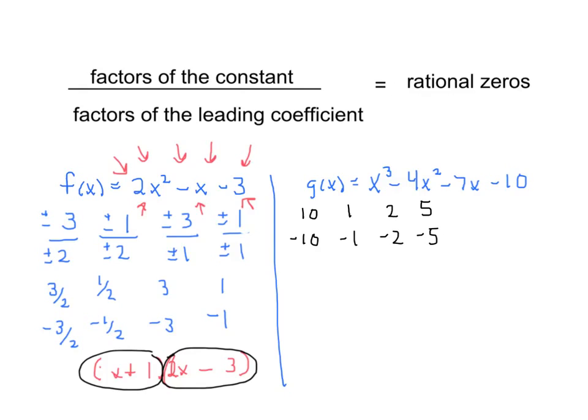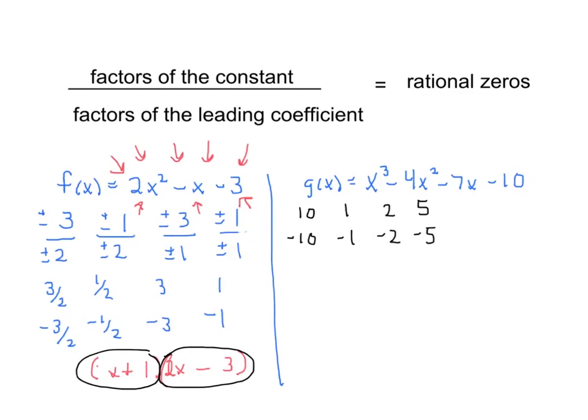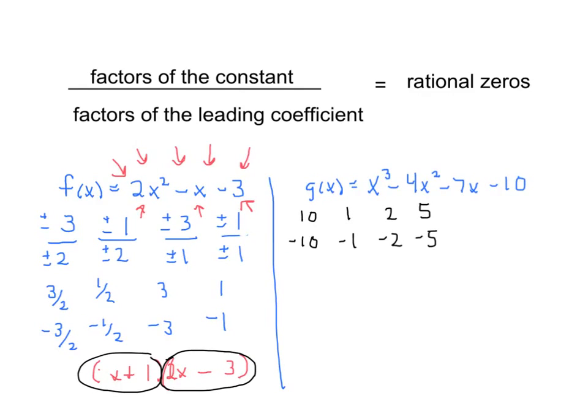Those are all the numbers we would have to try to find out if they had a rational 0 for these functions. So at this point, you would try g of 10, g of -10, g of 1, g of -1, g of 2, g of -2, you get the idea, and see if it equals 0.